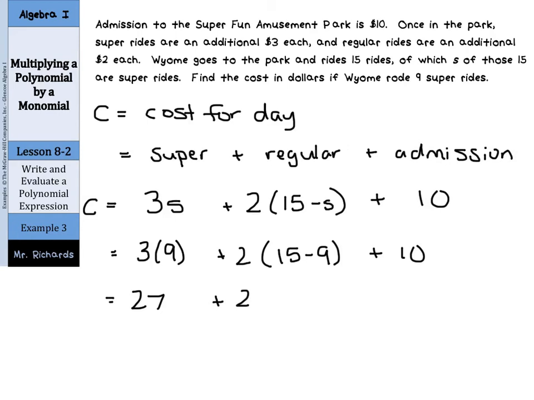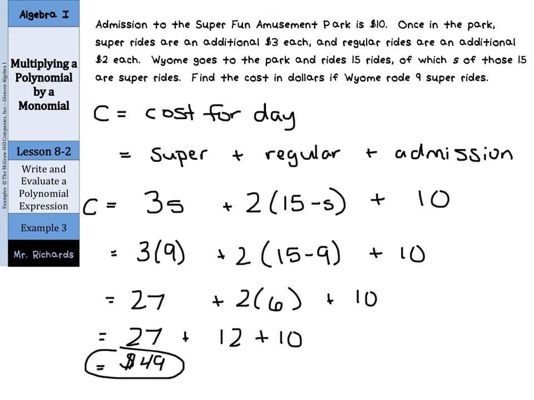Now, the 15 minus 9 is 6, which represents the 6 regular rides he was on, plus 10. 2 times 6 is 12. And lastly, 27 plus 12 plus 10 is $49. So it's $49 for him to go and have a fun day at the Super Fun amusement park.